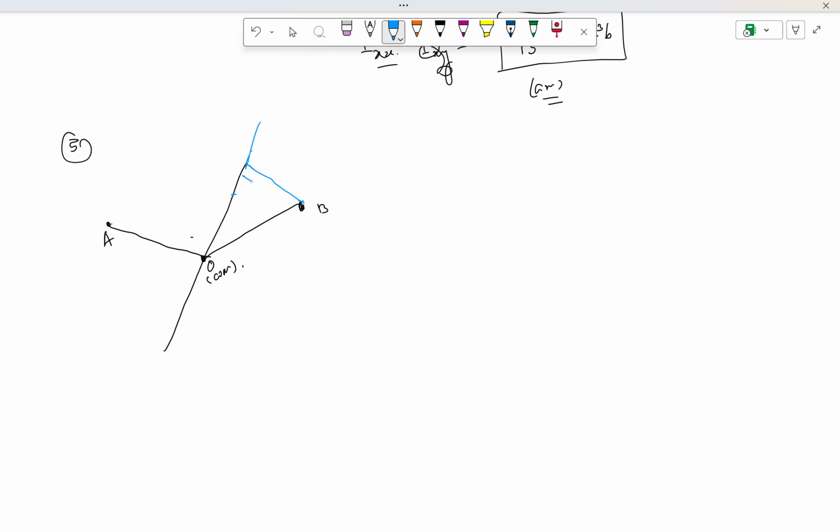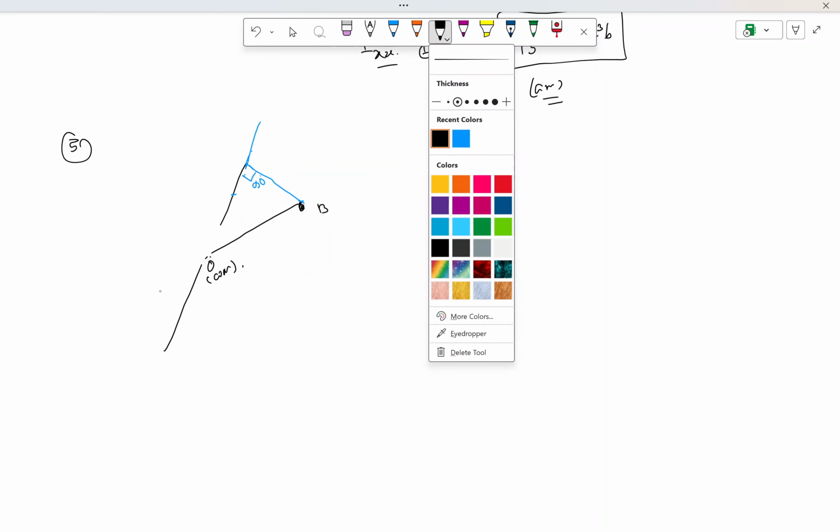So this is your perpendicular 90-degree angle. You can redraw it once.